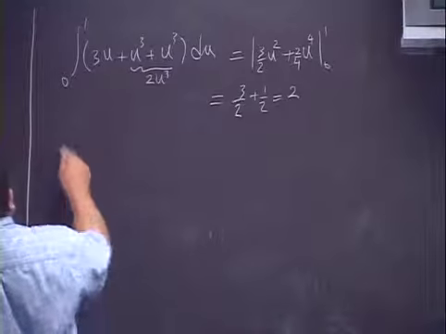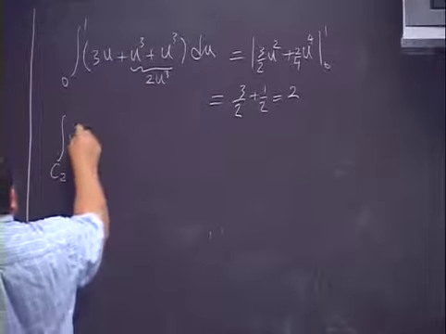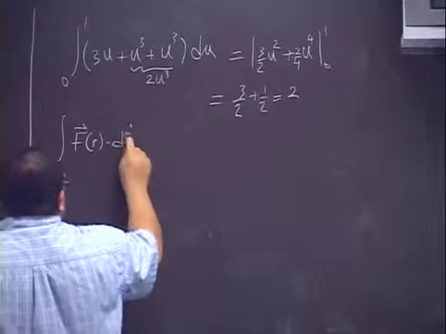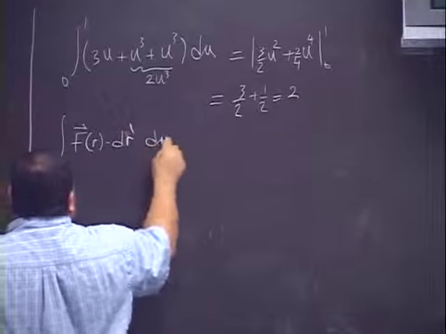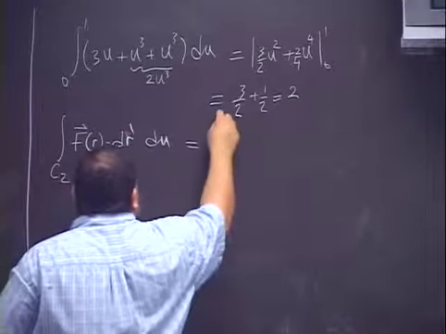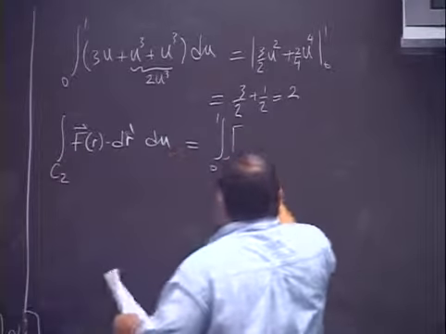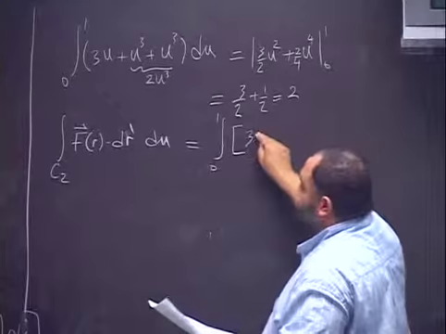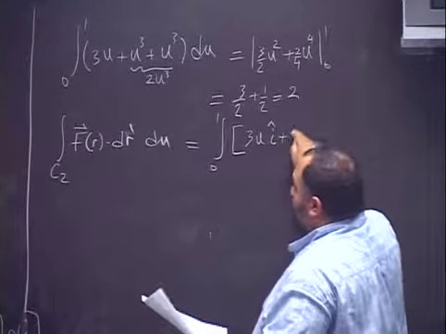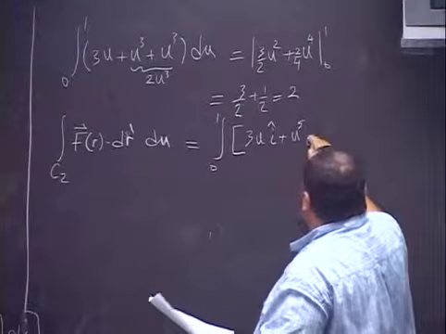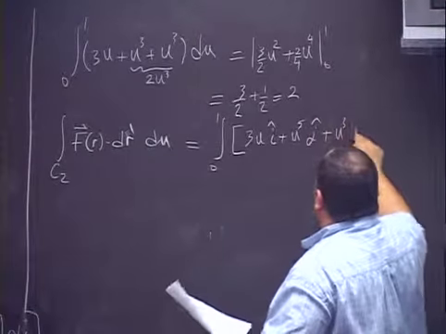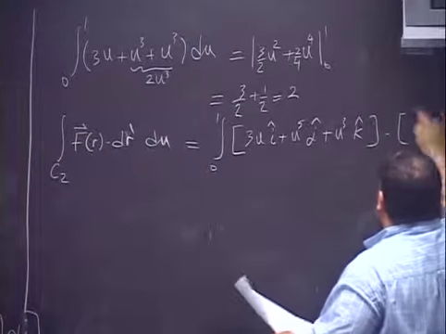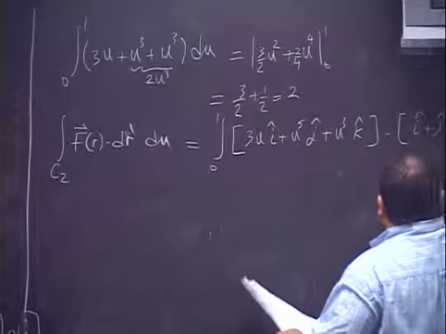So now let's integrate over C2. This will give you what? What's the F over C2? 3u plus u to the power of 5 in the j direction plus u cube in the k direction, and this is i plus j plus k.